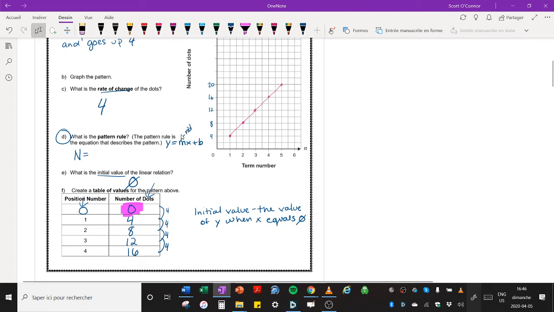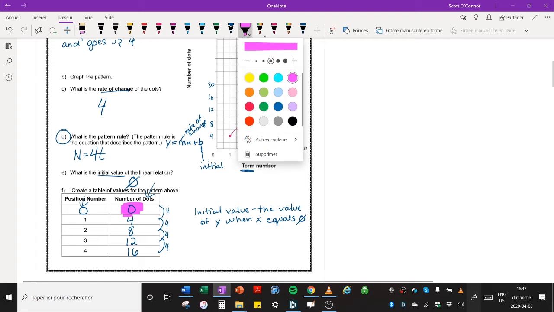That's the rate of change right here. So what value did we get for the rate of change? The rate of change was 4. And the position number or term number, same thing. We'll use the letter t. That's our independent variable. So 4t. B is our initial value, and we discussed that our initial value is 0, so plus 0. But do I need to write plus 0? No, I don't. So here is our pattern rule.